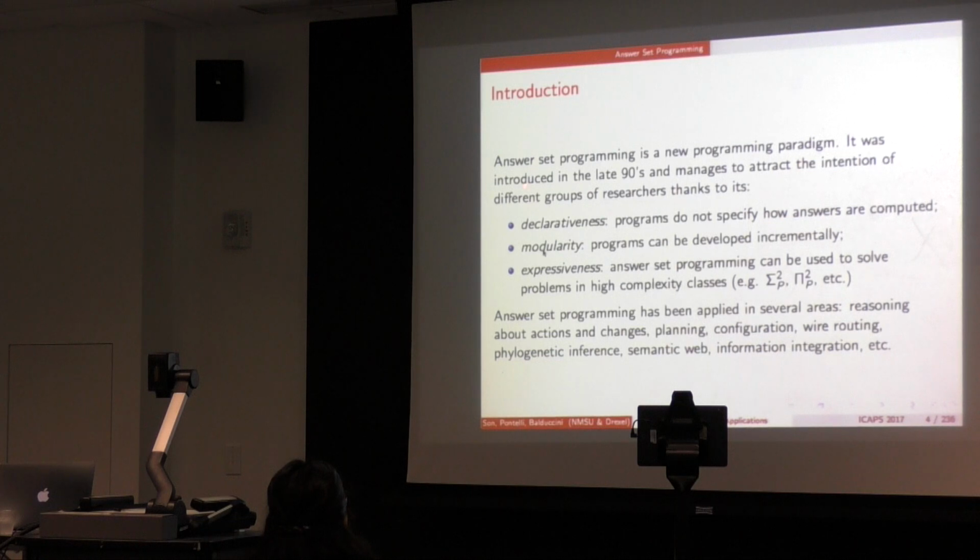Basically, the idea is that it is declarative, so you solve the problem by representing the problem rather than by developing a specific algorithm for it. And then the program can be developed incrementally. You write the program to get a certain type of answer. If you don't like that, or if you want to specialize the answer in a certain direction, you can add some more rules to that.